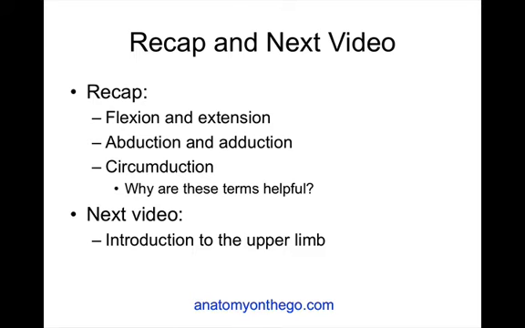And so we'll need to describe what occurs when they link up with each other. So in the next video, I'll introduce the nitty-gritty details for the upper limb. We'll talk about the different bones, what they're called, which ones link up with the other ones, and then the movements that occur when these different bones form joints with one another.